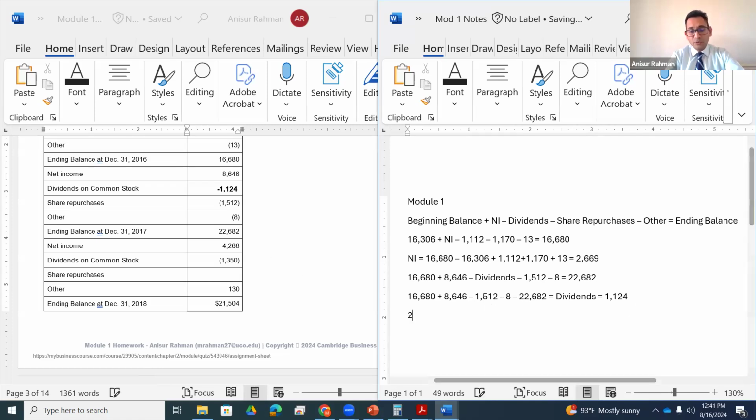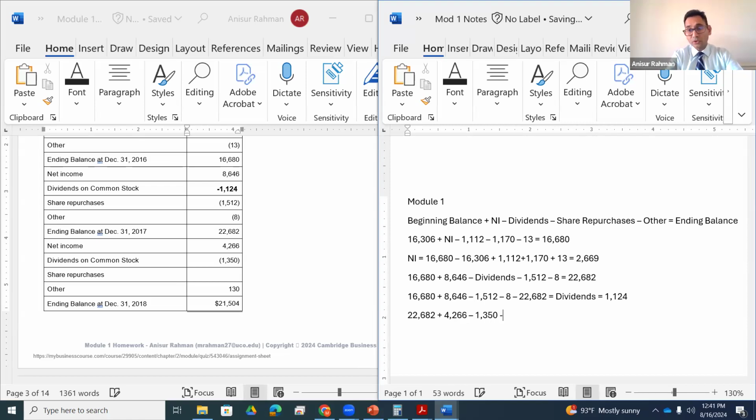So we have 22,682 plus our net income, 4,266. Our dividends, 1,350.